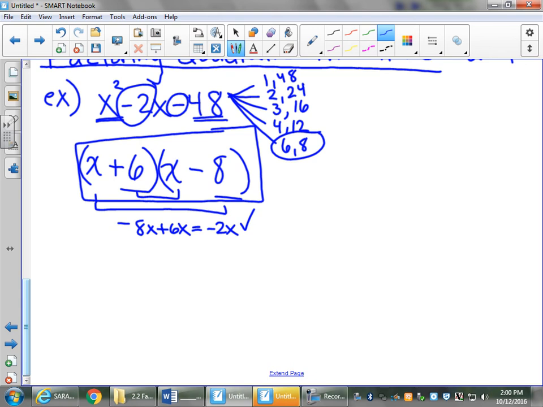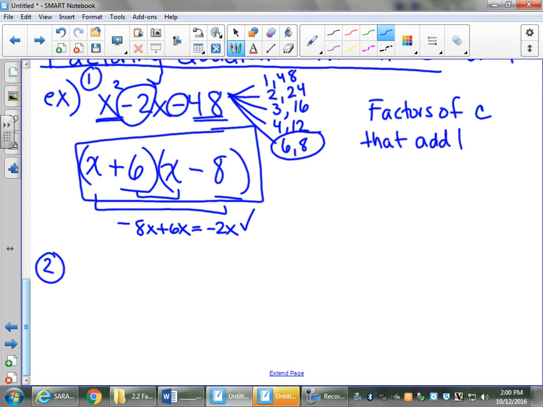We're just going to go back and label this as example number 1, so we can do a couple more trinomial examples. Actually, before I do that, let me formally write over here. What we just did is we find factors of c that will add to the b value.